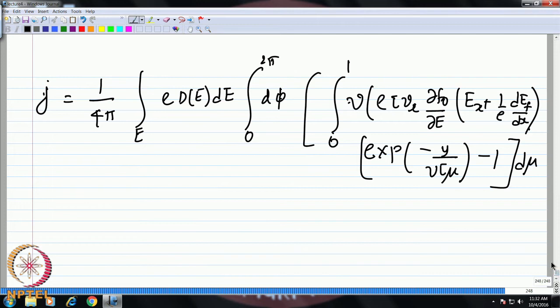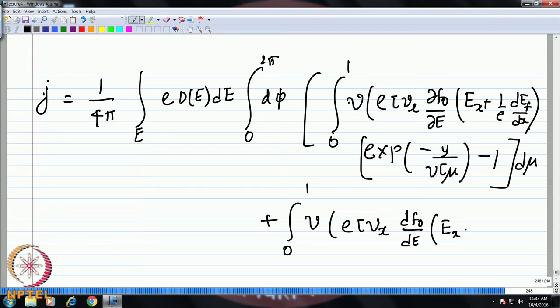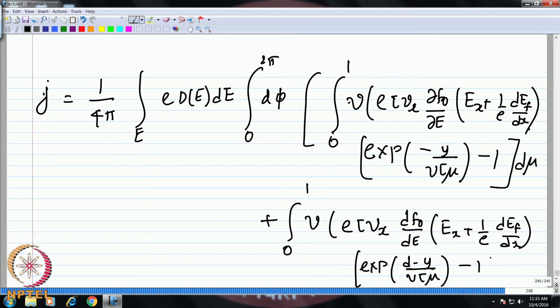So, this is on one half, the other half will be 0 to 1, we have V into e to the power tau Vx, df naught by dE, into Ex plus 1 by E dEf, again S naught and exponential, we have d minus y by V tau mu minus 1 d mu.